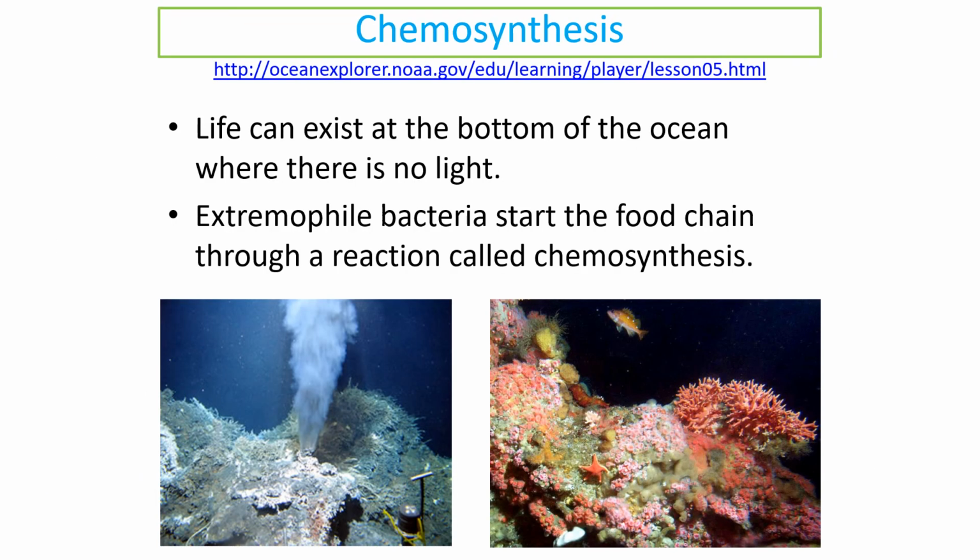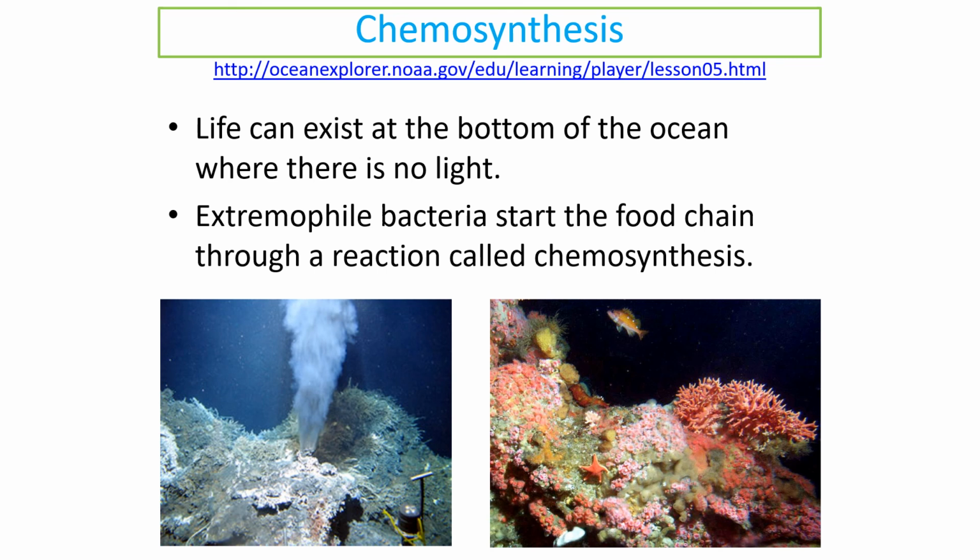And then you just need to also be aware that we originally thought that food chains on the land were the only type available. We didn't think life could exist underneath the oceans. But then in 1982, we went down in a submarine to the bottom of the Mariana Trench, and we saw that there are something called hydrothermal vents, effectively little volcanoes spewing out hot chemicals that would kill us if we were exposed to them.